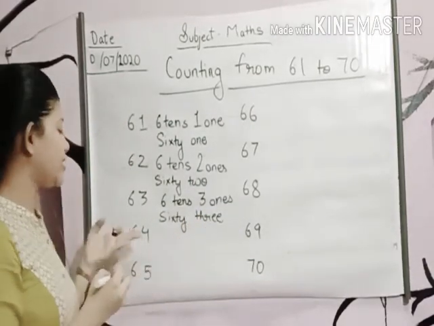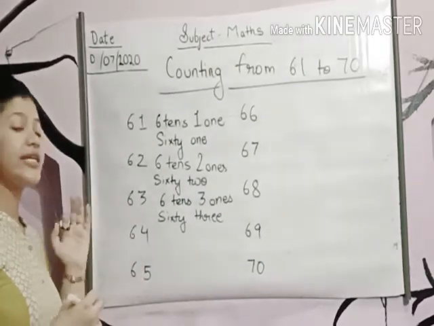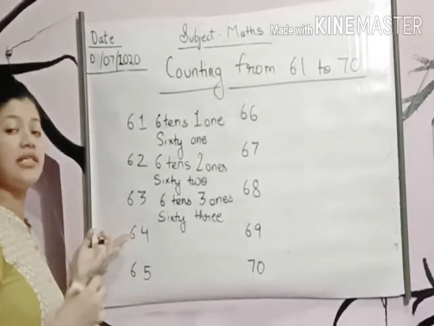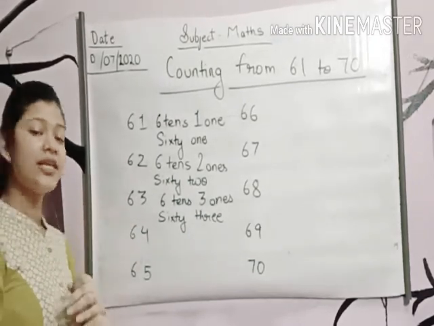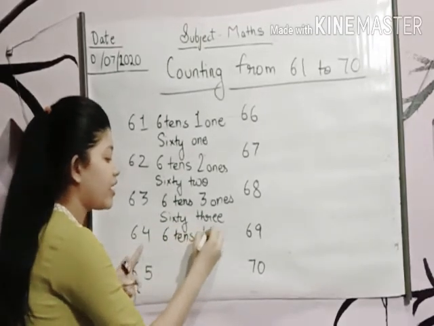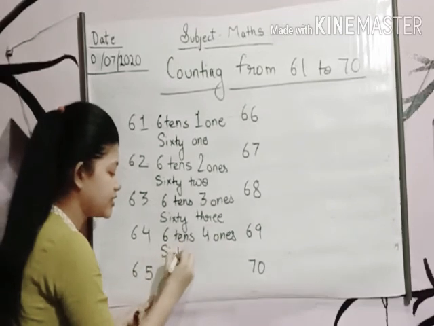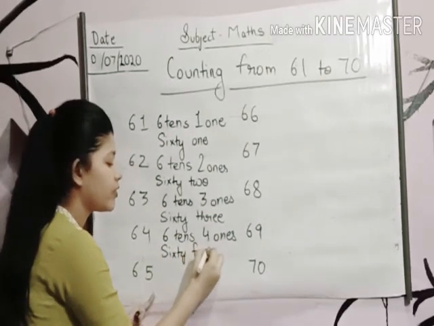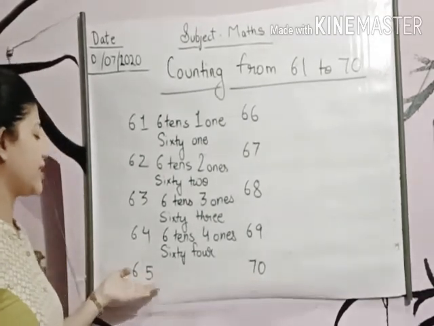Yes. Now let's come to the next number, that is 64. Now in number 64, 6 is placed at the tens place and 4 is placed at the ones place. So we will write 6 tens and 4 ones, which can be written as 64. Now let's come to the next number 65.